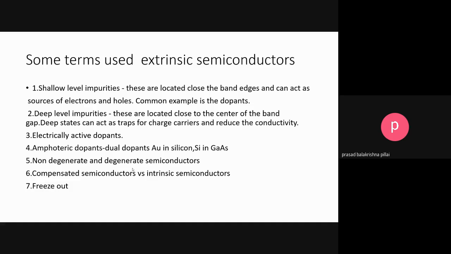We are talking about semiconductors, like a doped semiconductor.